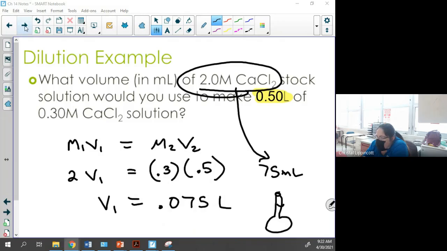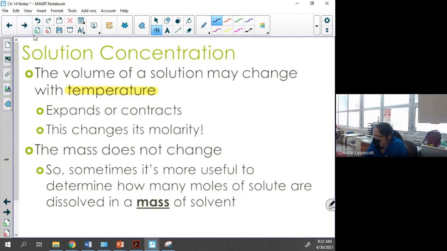All right. So solution concentration can change with temperature. Sometimes it'll expand or contract. And so because of that, your molarity is going to change because your volume is going to change. Does that make sense?